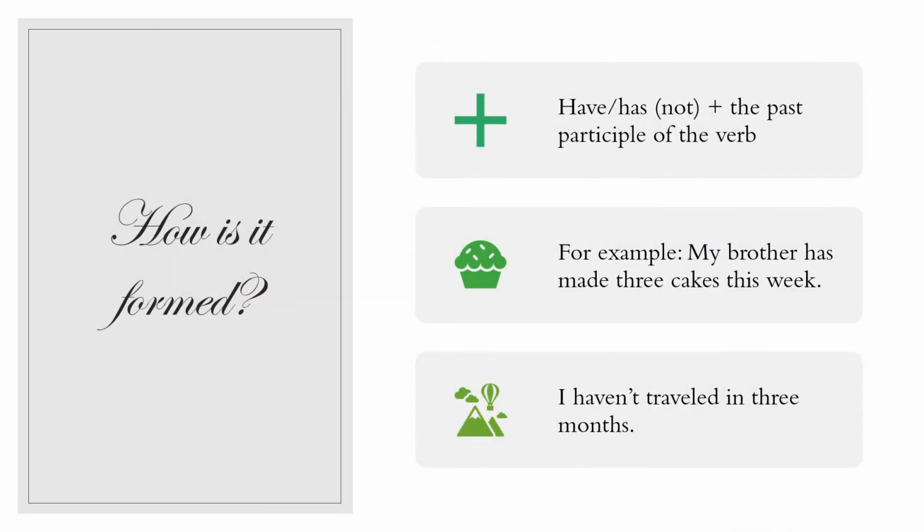How to construct sentences in present perfect? Okay, we're going to be using have and has as auxiliaries plus the past participle form of the verb. I need you to keep this in mind: have and has are not working as verbs in this sentence.